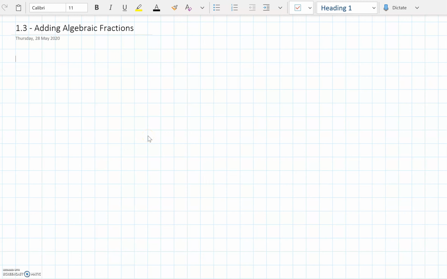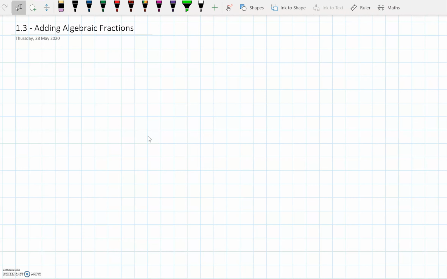Okay guys, what we're going to look at now is adding algebraic fractions. So that just means that we have fractions with algebra in it. Now that can mean we have a fraction with just a letter. So it could be, for example, a over 2, or it could be 1 over 3x. These are algebraic fractions.